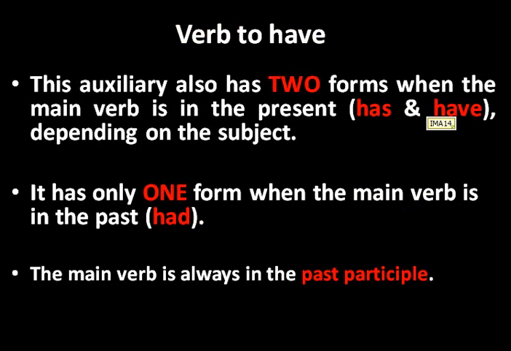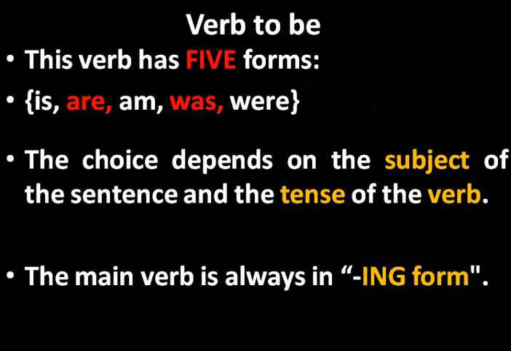Now, verb to be. This verb has 5 forms. We finished with verb to do and have. Now we have be. Be has 5 forms. We have is, are, am, was, were. The choice depends on the subject of the sentence and the tense of the verb.